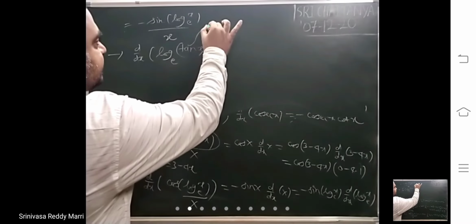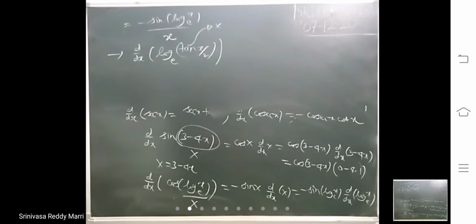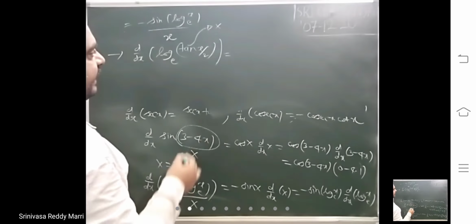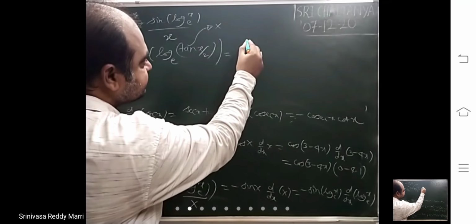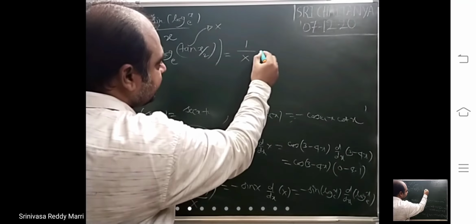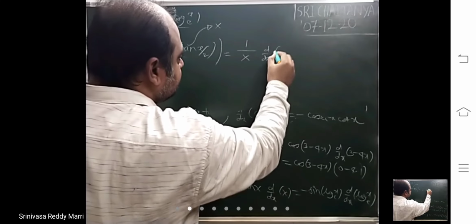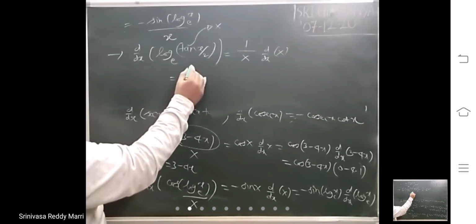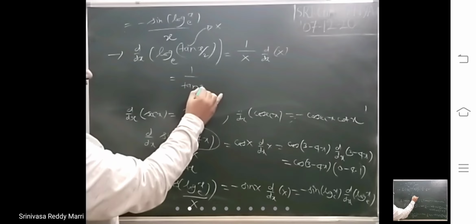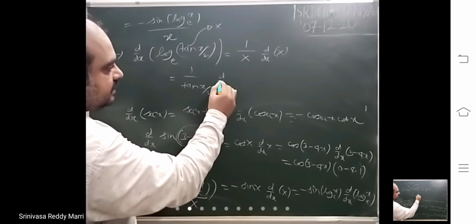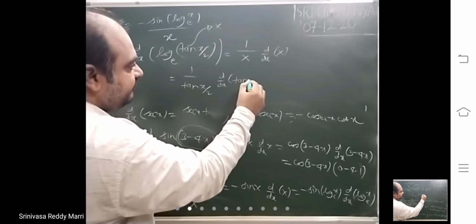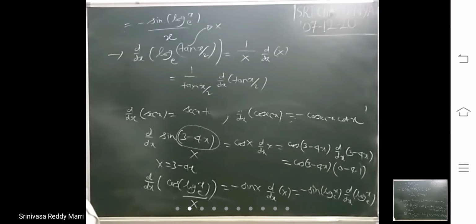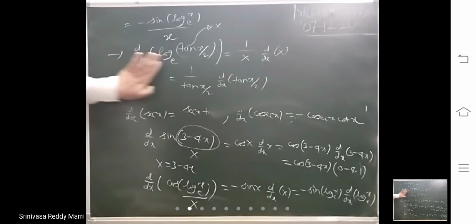That means we take tan x by 2 as capital X. D by dx of log capital X is 1 by capital X into d by dx of capital X. I have taken tan x by 2 as capital X, and the log rule is 1 by capital X. That means 1 by tan x by 2. So again you have to do the derivative for capital X. Now this part is over, no need to find the derivative of this.